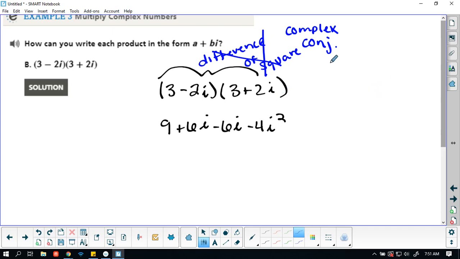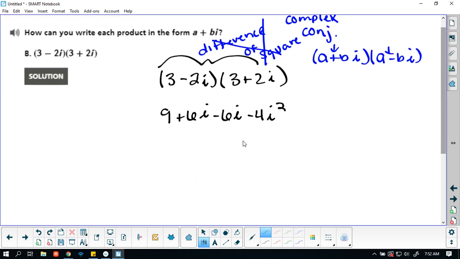The complex conjugate is composed of a plus bi and a minus bi, where a and b are the same number. I guess they could be a fraction as well. Notice the only difference between these two is the sign, plus and minus. What happens when you have these two signs is you lose the middle term and we're left with an actual real number.